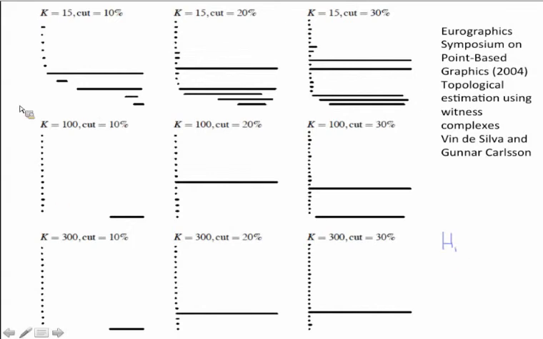You can see that in some cases, we just get 1 bar. In other cases, we get 1, 2, 3, 4, 5 bars, and some of them persist for longer. And so depending upon your choice of your k, as well as the choice of how many densest points you want to choose, that will definitely affect the topology.